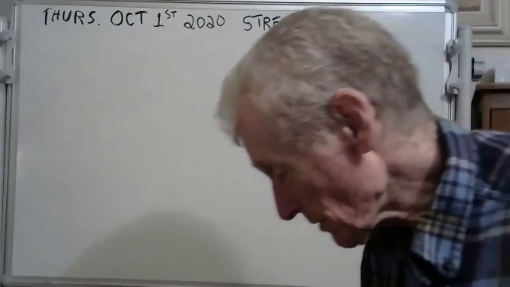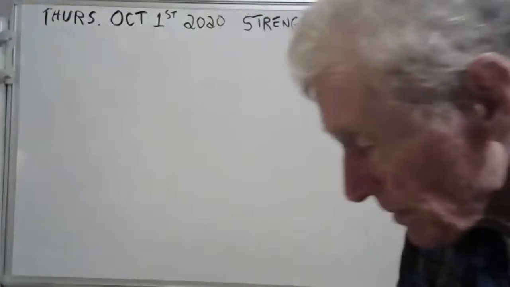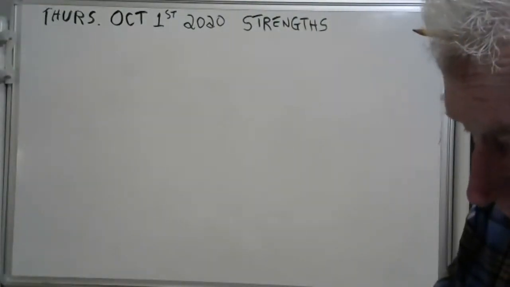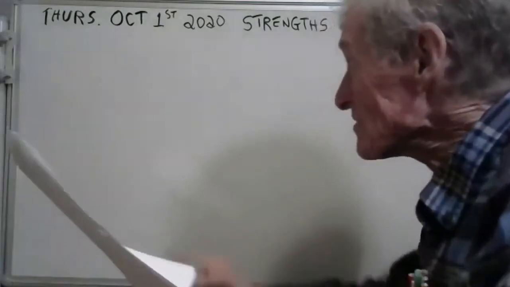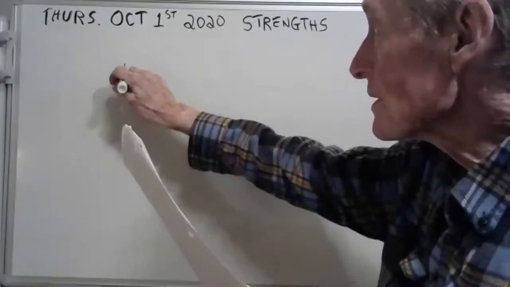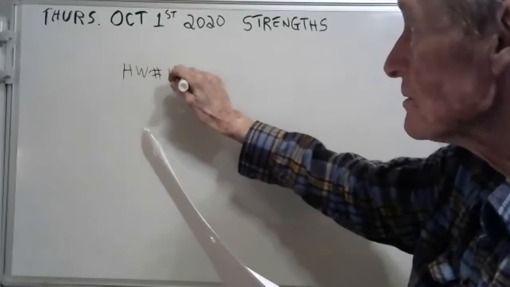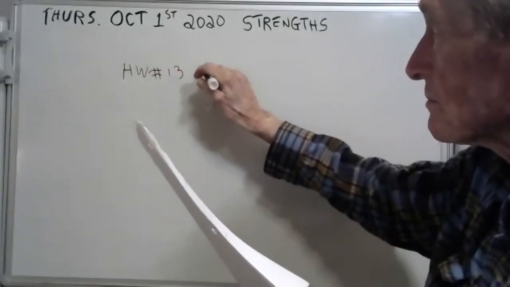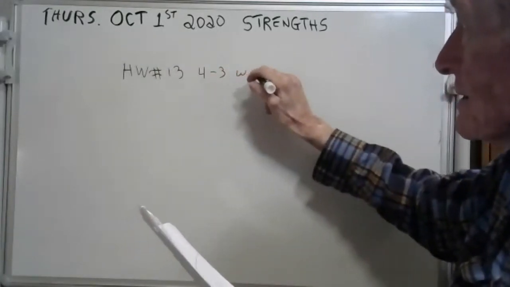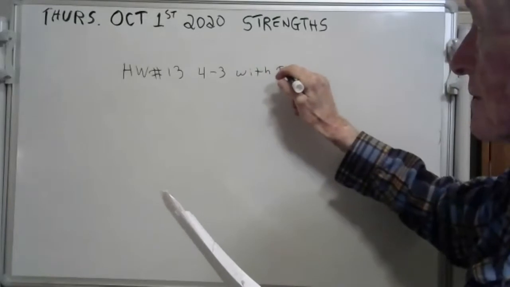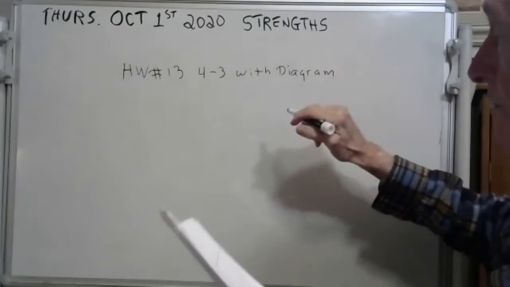Well, let me write down your homework that's going to be due. I was just looking that up, and it looks like tomorrow, homework number 13 is due. Chapter 4, number 3. And I need a diagram. If you don't have the diagram, you're not going to get a 4 on your homework.